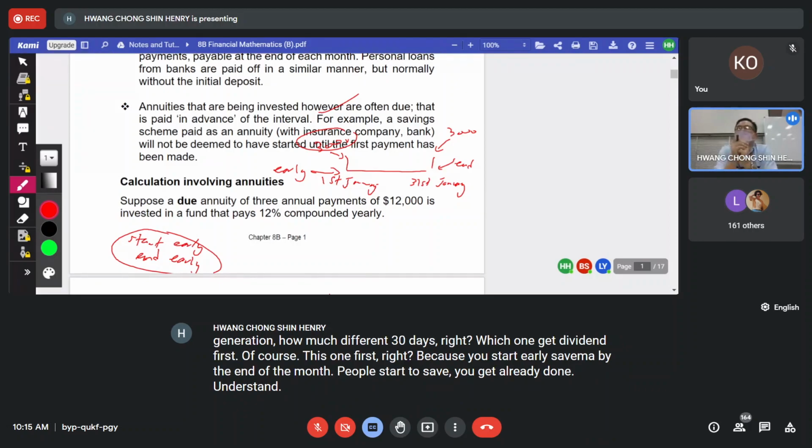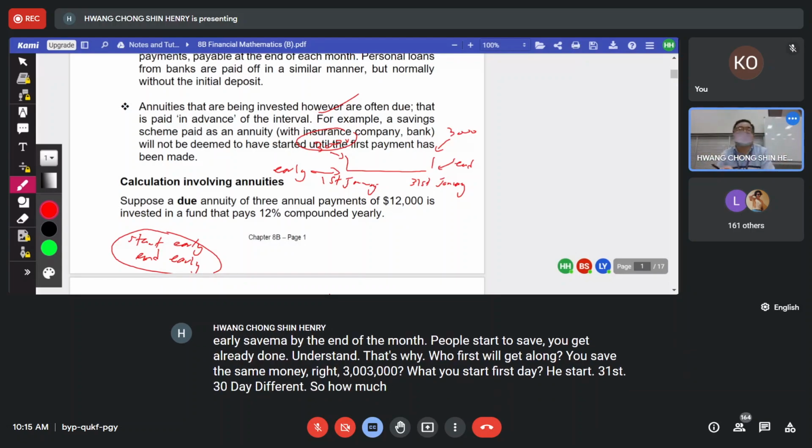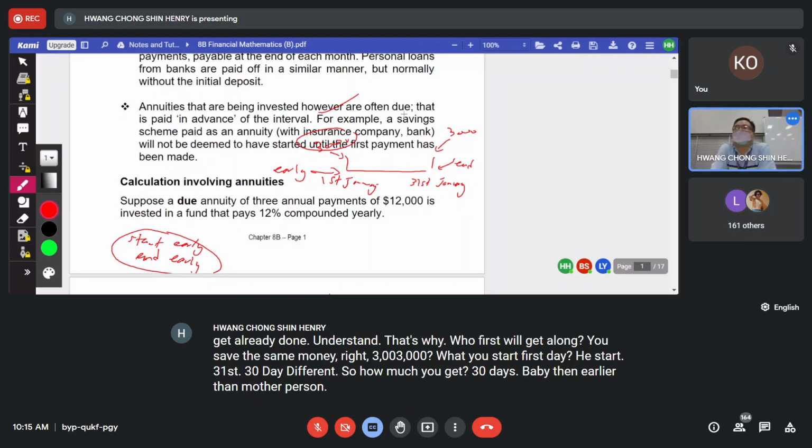That's why in Bahasa Malaysia they say siapa cepat, dia dapat. Who is first, who gets. You save the same money, right? 3,000, 3,000. But you start on the first day, the other on the 31st. 30 days different. So how much do you get? 30 days of dividend earlier than the other person. Understand?